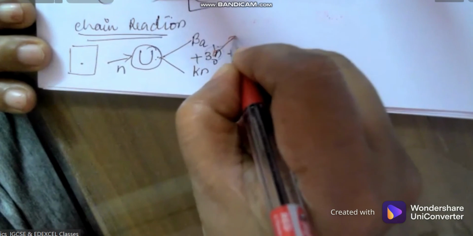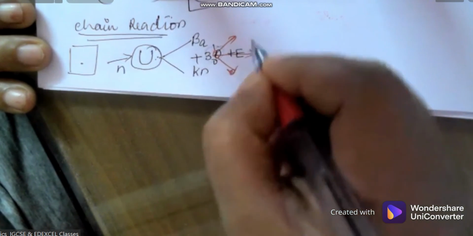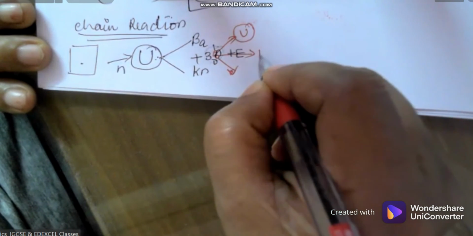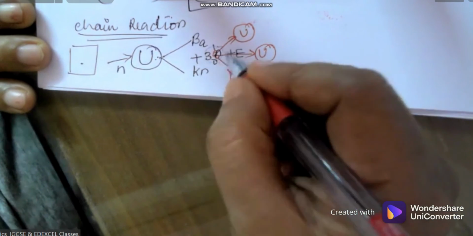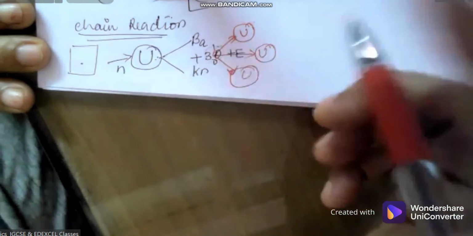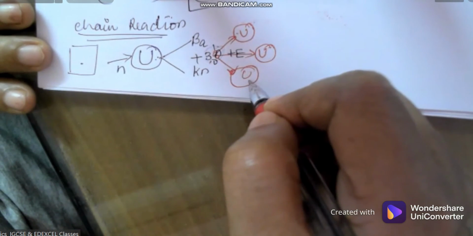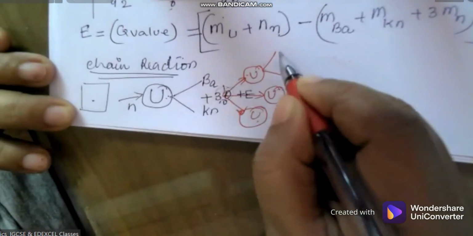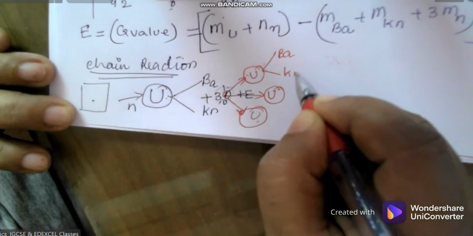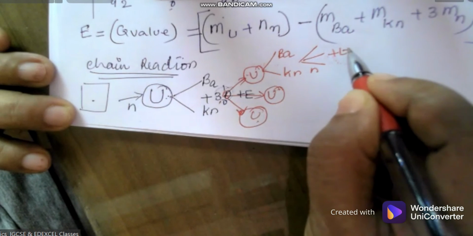These 3 neutrons can undergo fission with another 3 uranium atoms. They are also capable of hitting 3 more nuclei. Then the same thing gets repeated. This one breaks down to barium, krypton, and 3 more neutrons again, plus energy.